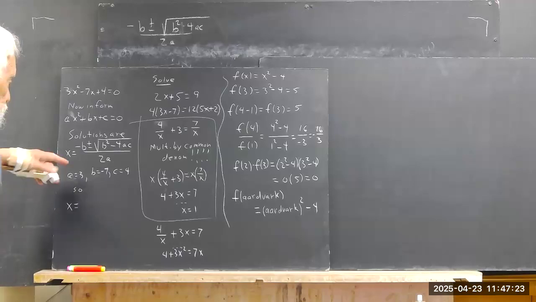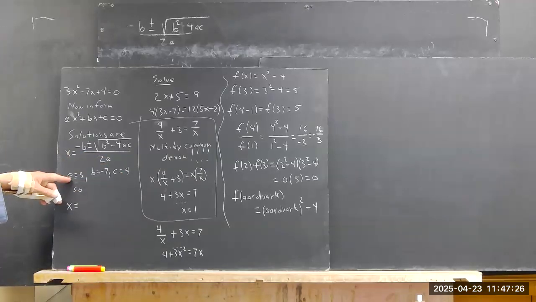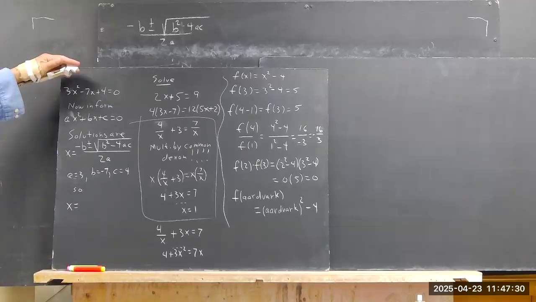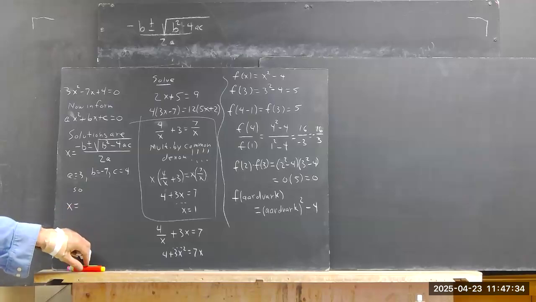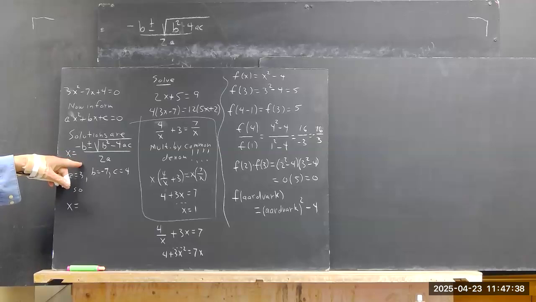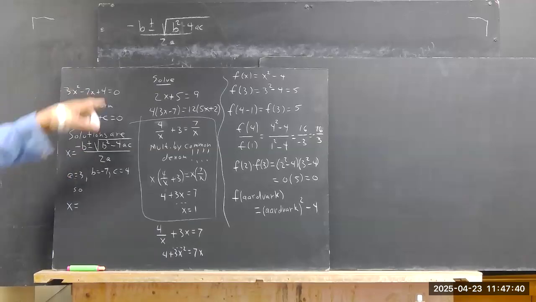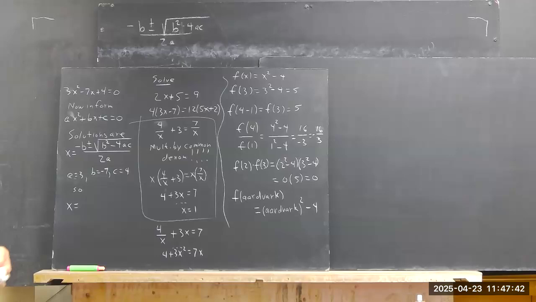Okay, and as I said before, it's good to write a equals 3, b equals negative 7, c equals 4. Now, you really, in your notes, should have all this written out. At the very least, when you're doing this, you'd better have this to look at. Some of you kind of copied it down from the board and didn't write this.